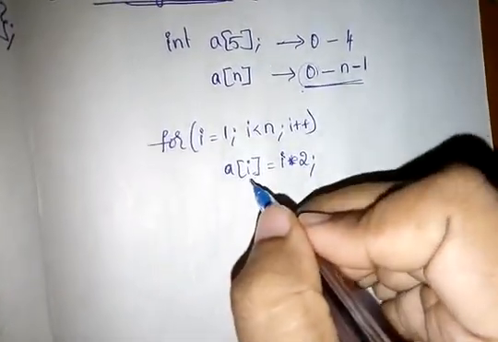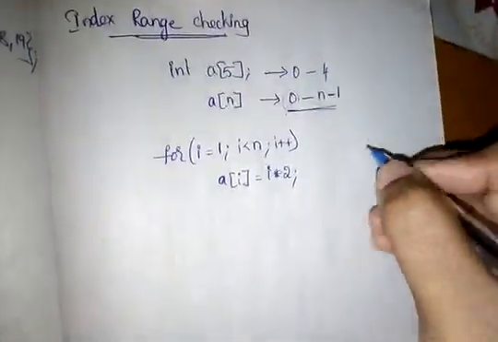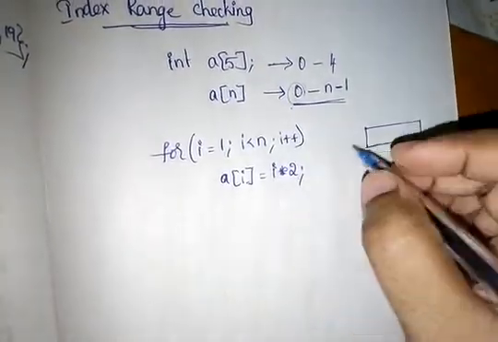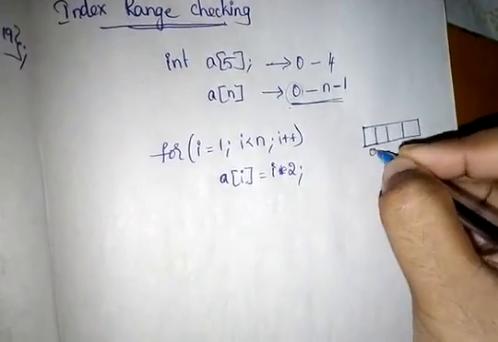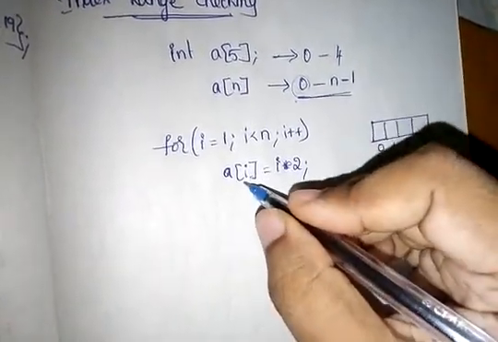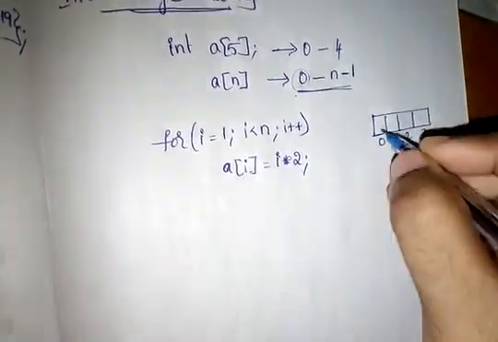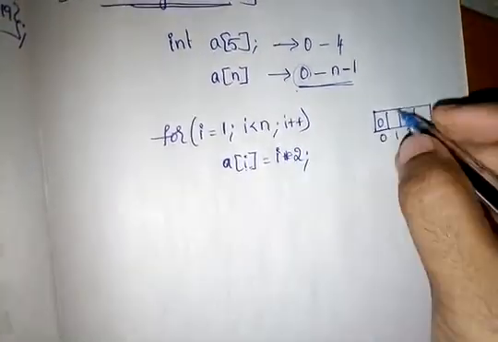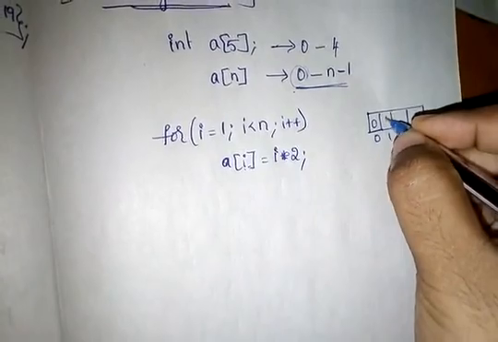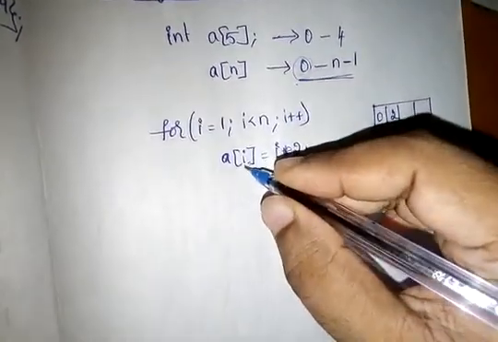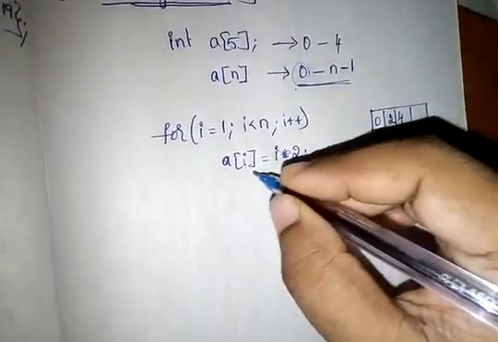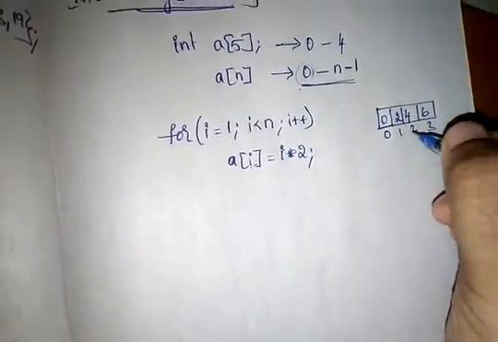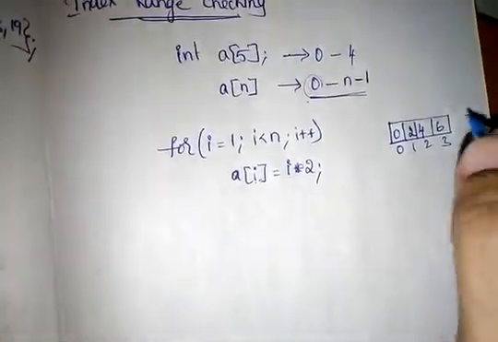This example states that each element at index I will be stored with double of its value. So 0, 1, 2, 3. So a of 0 will be 0 into 2, 0. A of 1 will be 1 into 2, 2. A of 2 will be 2 into 2, 4. A of 3 will be 3 into 2, 6. Likewise, the double of its value will be stored here.